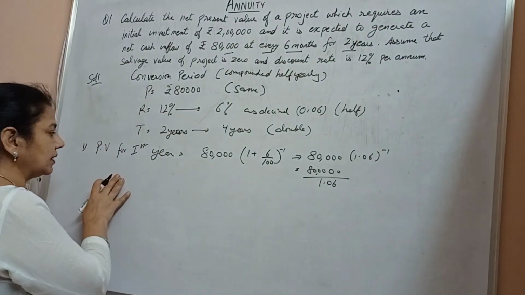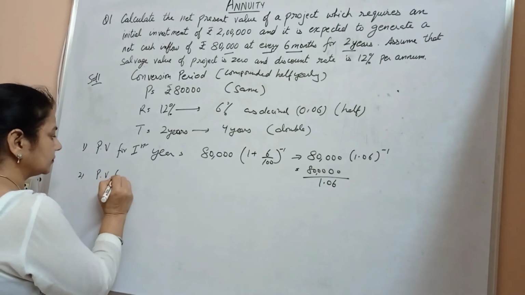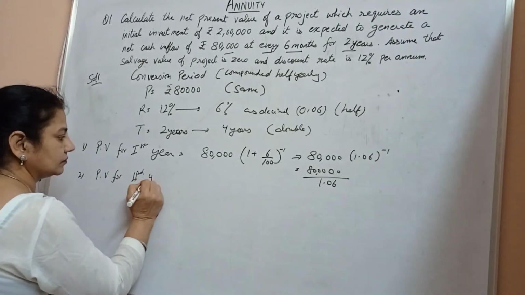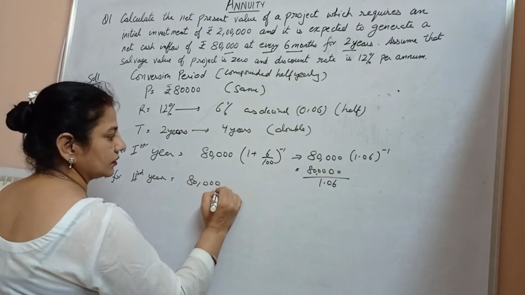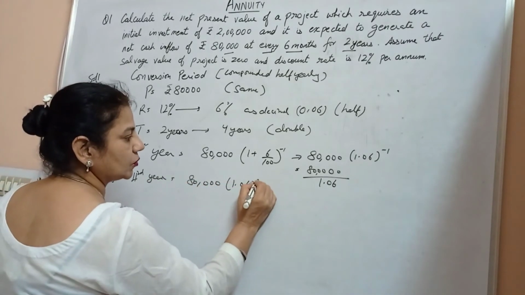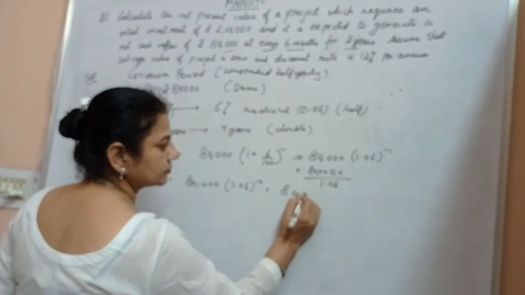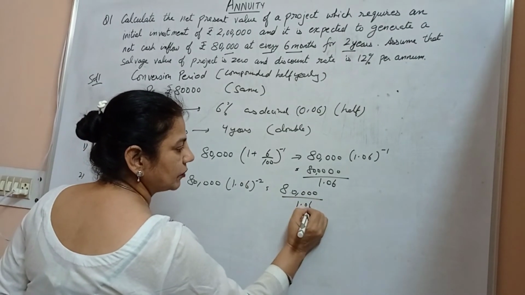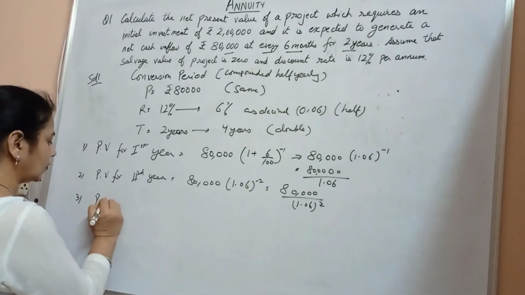This is the present value for the first period. Then the present value for the second period will be 80,000 times 1.06 to the power minus 2, which comes out to be 80,000 upon 1.06 whole square.